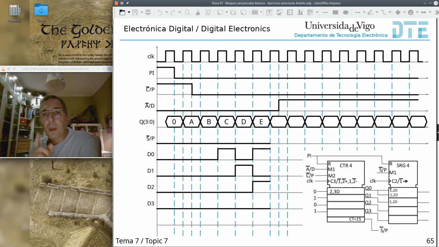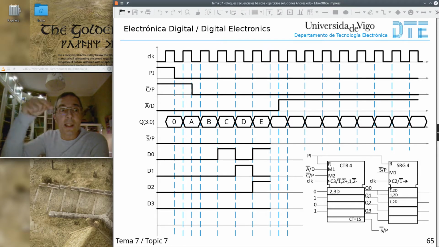Okay, so with the next rising edge we are still counting ascending. So we are going to F, and in between the signal here will change from ascending to descending.